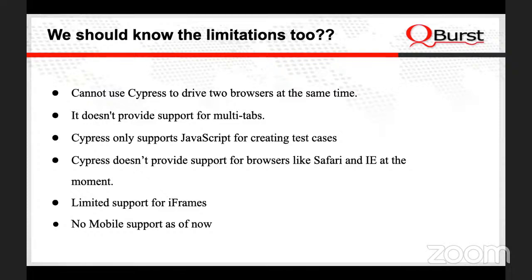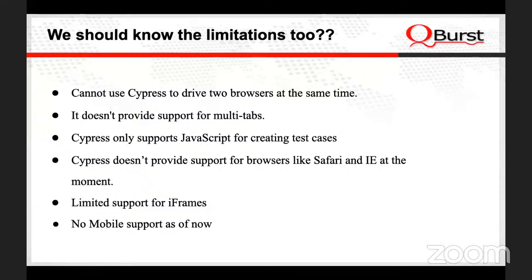And you can only use JavaScript for writing the test cases. That is another thing. So the Java or Ruby or PHP pros out there, I have to say this, guys: you have to use JavaScript only for writing the test cases in Cypress. And also Cypress doesn't provide support for browsers like Safari and IE at the moment.